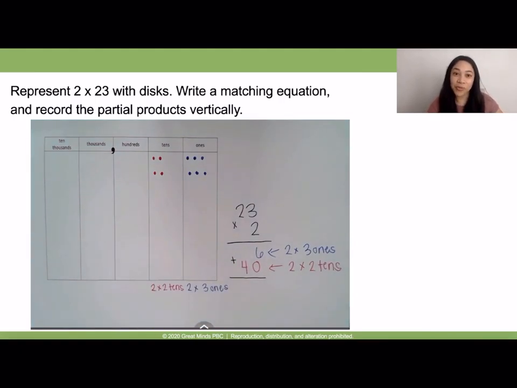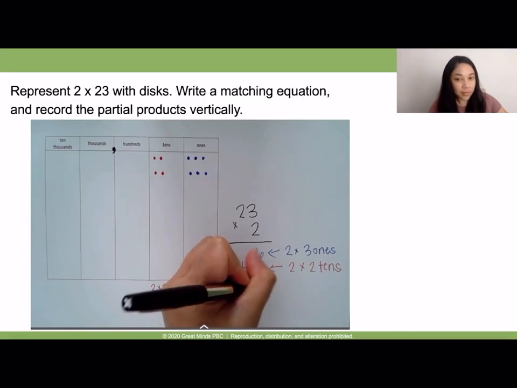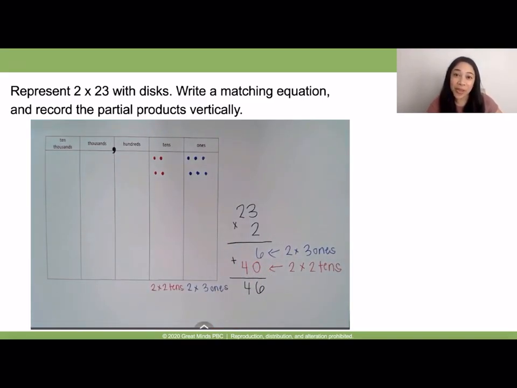What is the total value represented by the discs? Let's add our partial products to find out. The total value is 46 because 4 tens plus 6 ones equals 46. Notice that when we add the values we wrote below the line, they add to 46, which is the product.